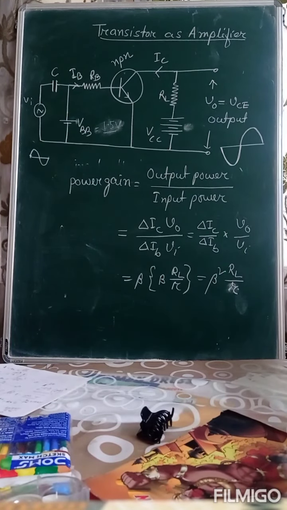So this is all about the power gain of a transistor as an amplifier. Again, go through the NCERT textbook for the electronics part. Is it clear?